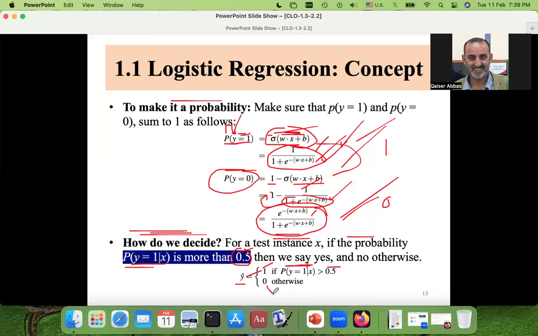We can do this in coding in just one line. In the coding, we introduce a threshold, and by using this threshold you convert whatever probability you get into 1 or 0, because 1 or 0 means decision.